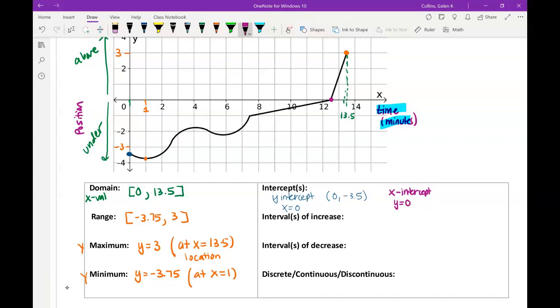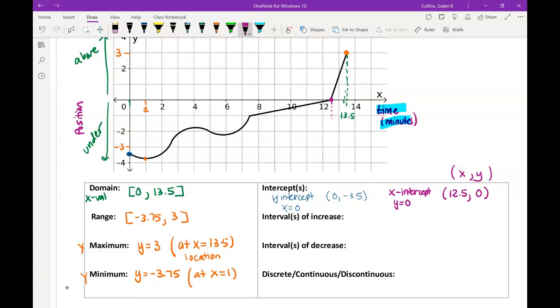I'm going to estimate this at about 12.5 because it looks like it's halfway between 12 and 13. We don't really know for sure. So I'm going to say my x-intercept is where x is 12.5 and y is 0. Remember, when we write an ordered pair, it's always an x and then a y.